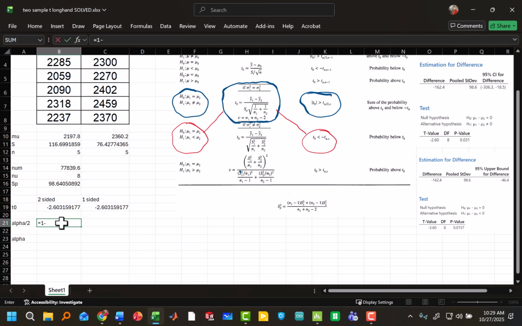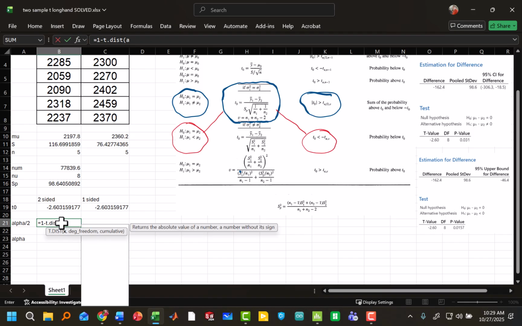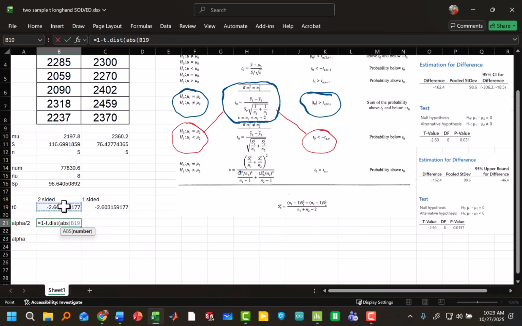So it's 1 minus T.DIST of the absolute value of the negative 2.6, with new degrees of freedom, and it is cumulative. So that's alpha by 2. And so, of course, alpha then would just be double that. And that's the 0.031 that Minitab was giving over here.